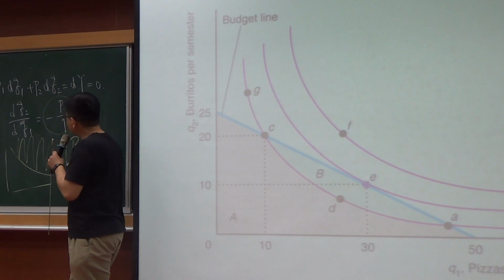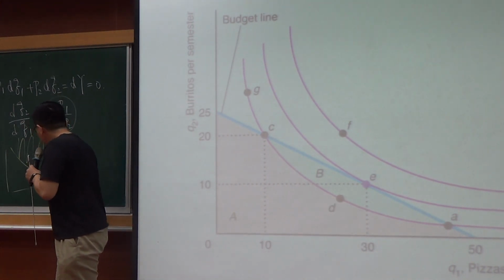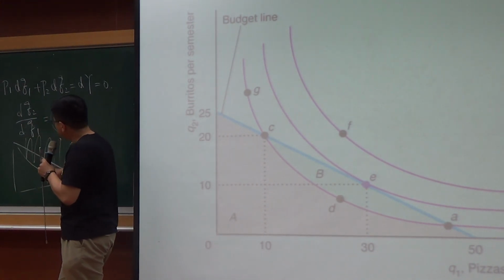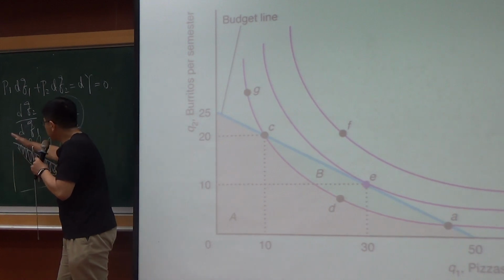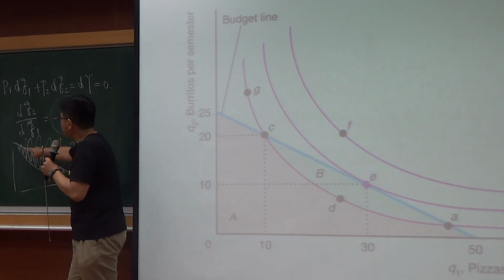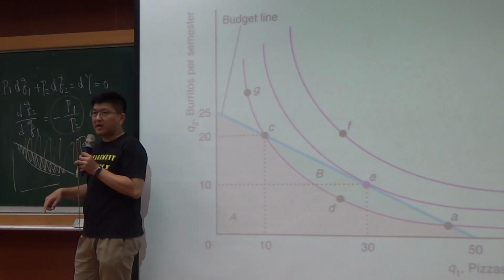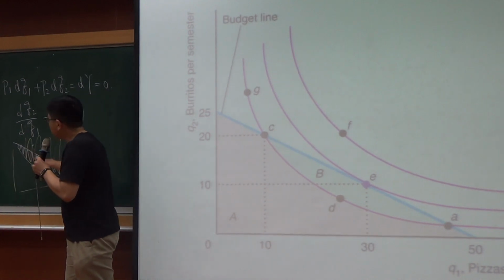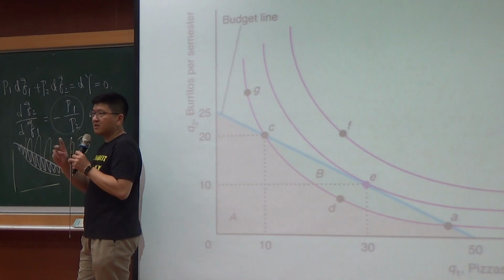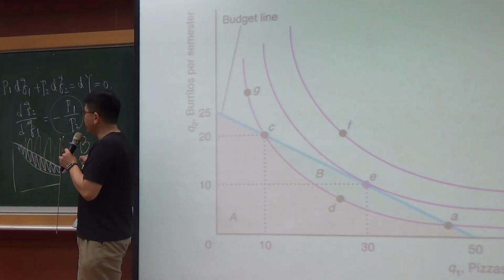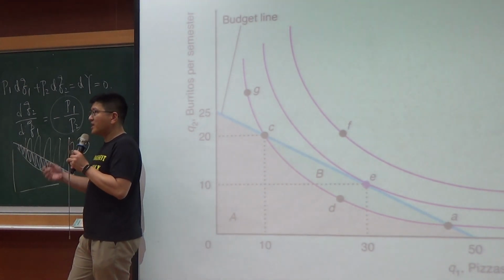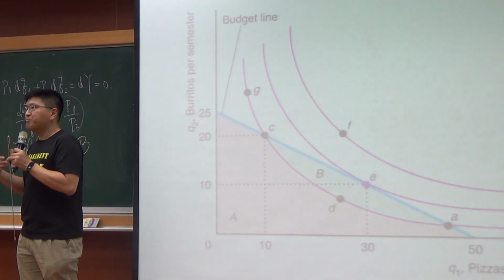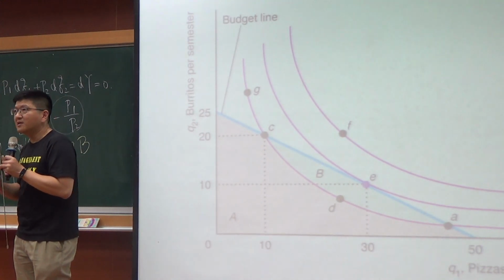So if we call that the better set, now you may see there is some intersection of the budget line and the better set, which means points in this area satisfy two things. One, we can be better. Two, we can afford it. Something we can afford and that makes us feel happier.